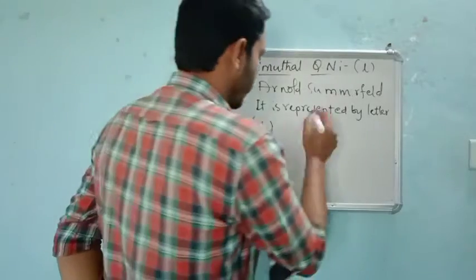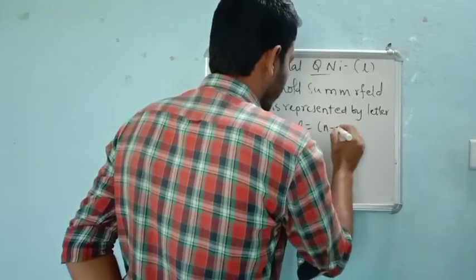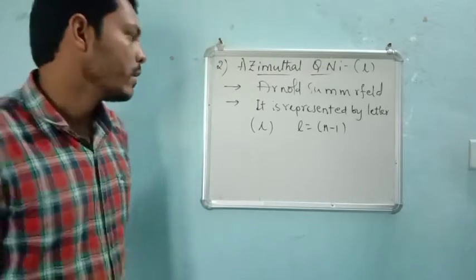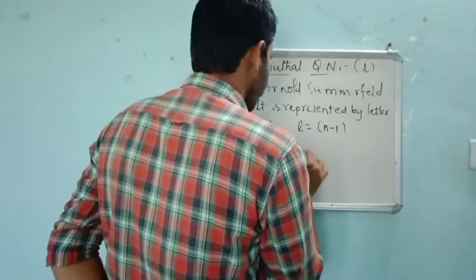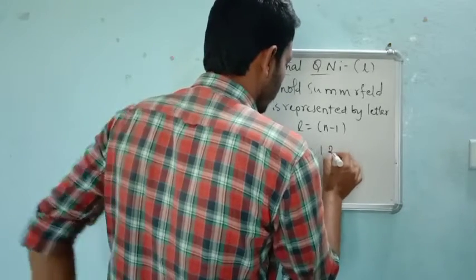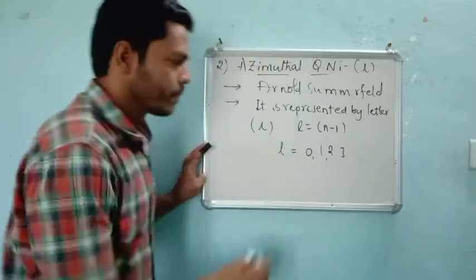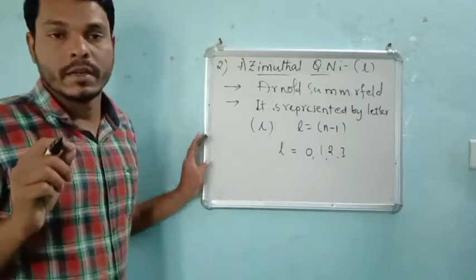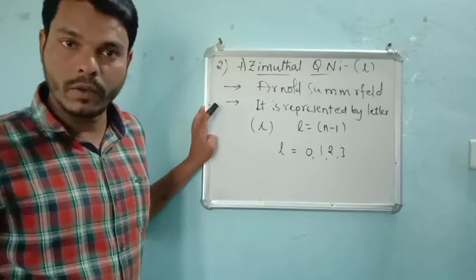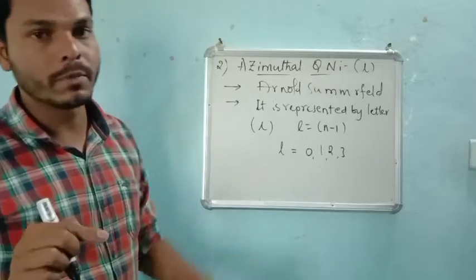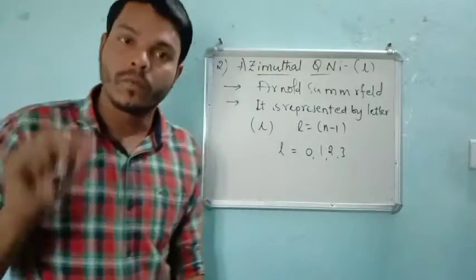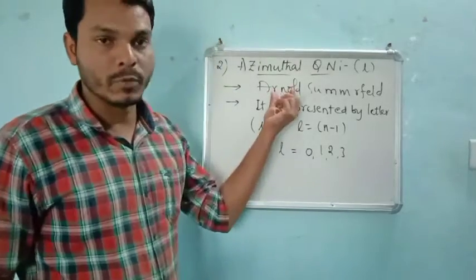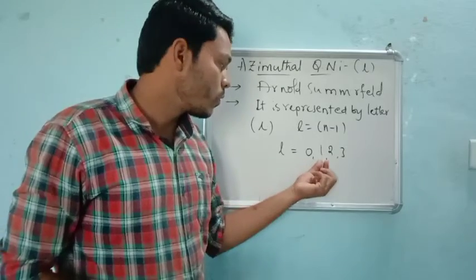Here, if we go in detail, l is equal to n minus 1, first point. The l value may be l equal to 0, 1, 2, 3, like this. Since l is equal to n minus 1, the principal quantum number n starts from 1, 2, 3, 4, but the azimuthal quantum number starts from 0, 1, 2, 3.